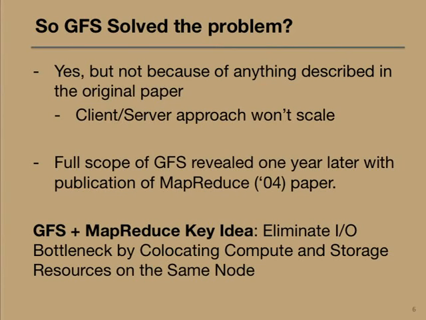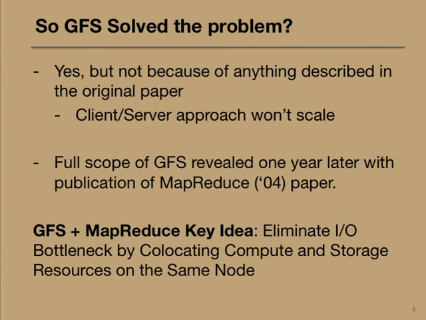This is not a conventional file system where you have clients pulling data over to the client in order to do work on the data there. Instead, we are going to take the work and push it over to the data. So MapReduce is basically a distributed computing framework that allows you to send work over to the nodes where the data actually exists. And by maintaining data locality, you almost completely eliminate this network bottleneck problem.